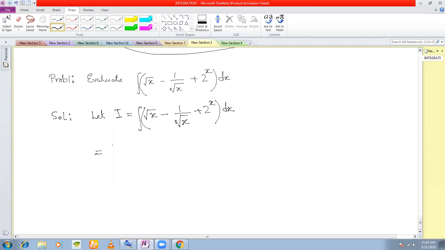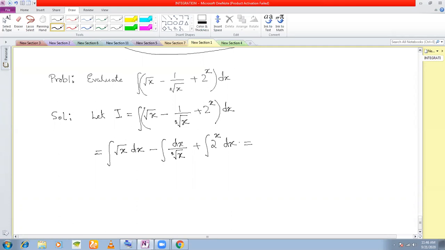So what we'll first do is separate. We can write this as integral root x dx minus integral dx by cube root of x plus integral 2 to the power of x dx.